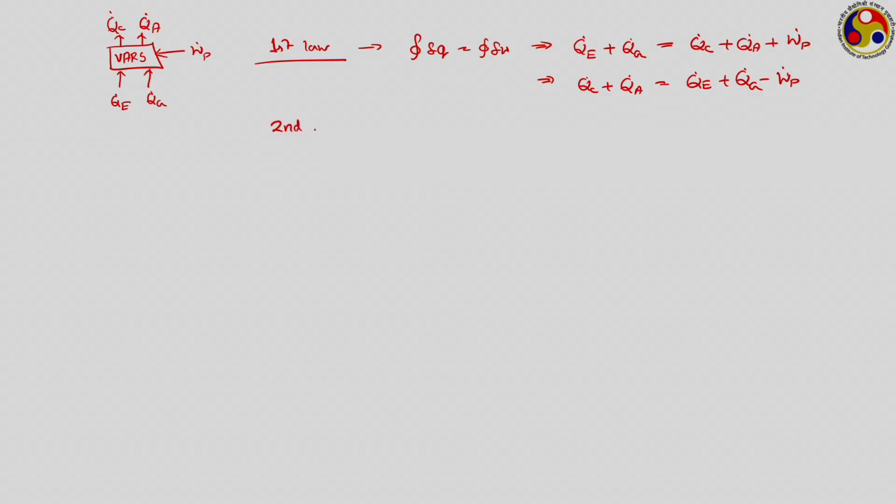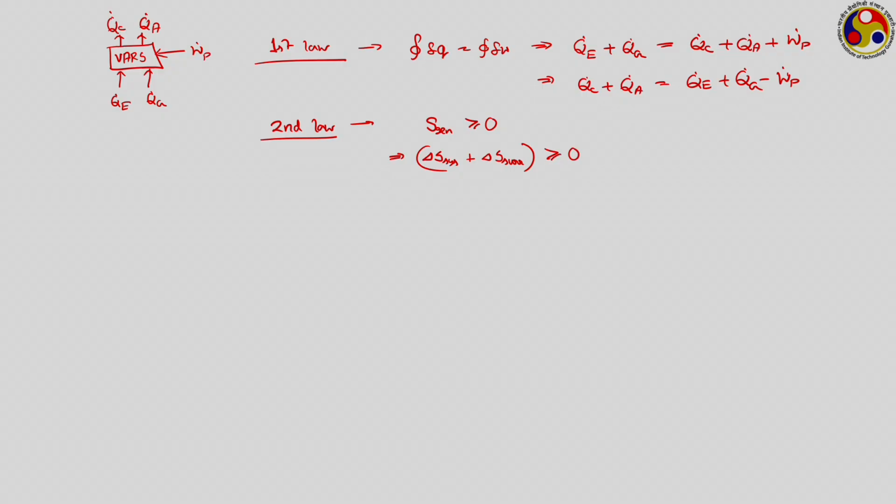So, this is the first law form. Now, let us look at it from the second law perspective. From the second law point of view, we know that the total entropy generation over this cycle has to be greater than or equal to 0. In the ideal case of a reversible process, it is equal to 0, otherwise entropy will always be getting generated. That is, the change in entropy for the system plus the change in entropy for the surrounding has to be greater than or equal to 0.